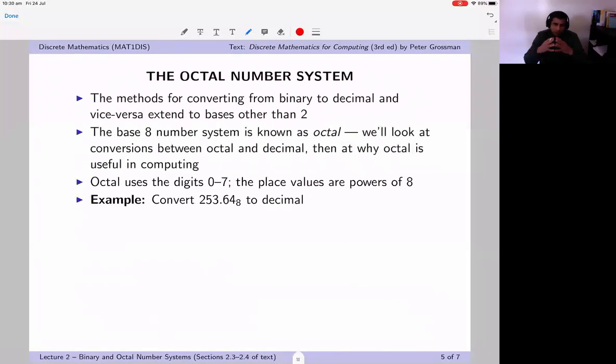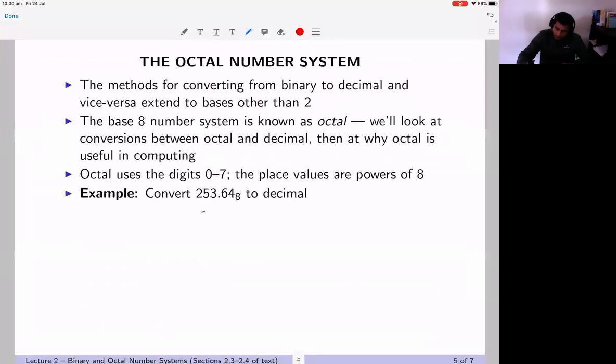So for example, this number is written in base 8. This means it is 3 times 8 to the power 0, plus 5 times 8 to the power 1, plus 2 times 8 to the power 2, 6 times 8 to the power minus 1, 4 times 8 to the power minus 2.